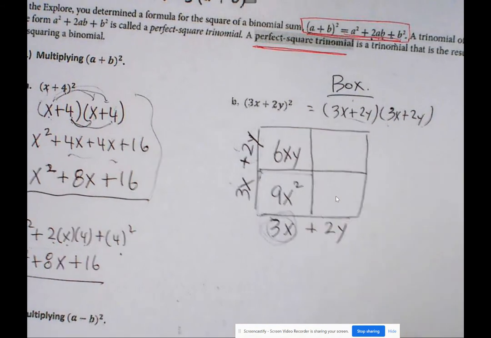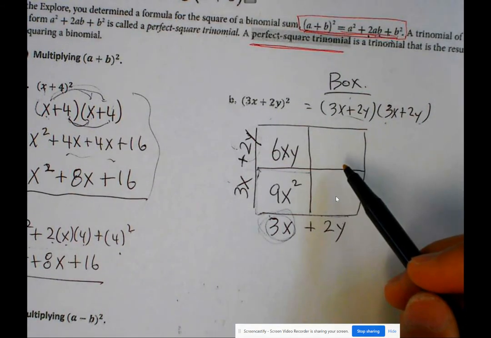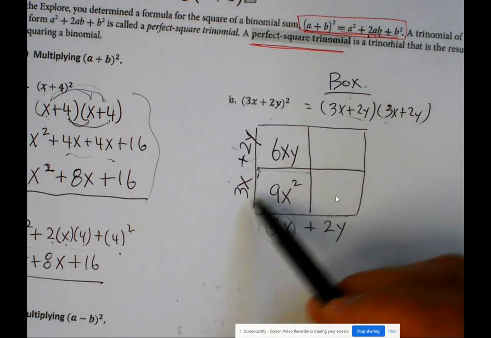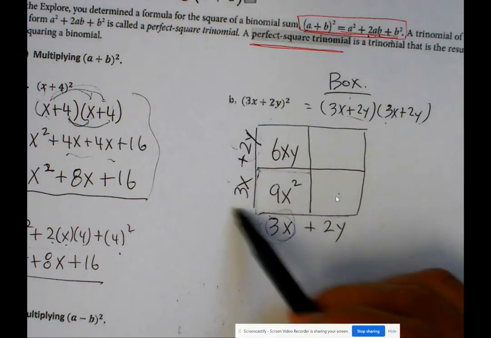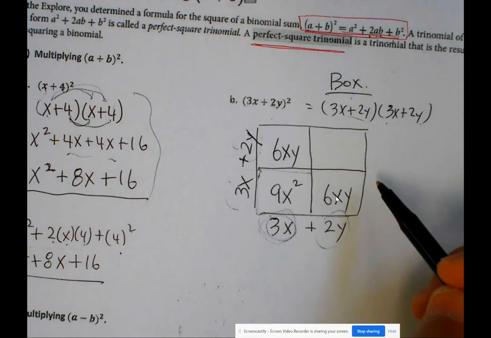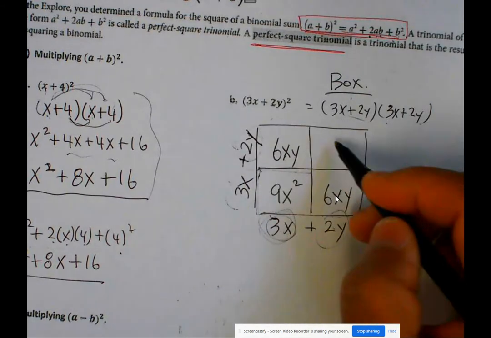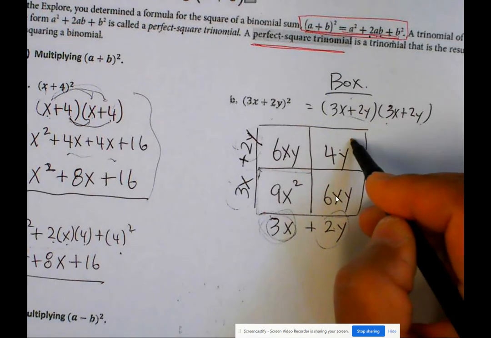And remember, you want to put them in alphabetical order. Okay, the letters should be in alphabetical order. And then for this box, you multiply this times this, which is 6xy. And then to get the last box, you multiply the outer ones, which is 4y squared.